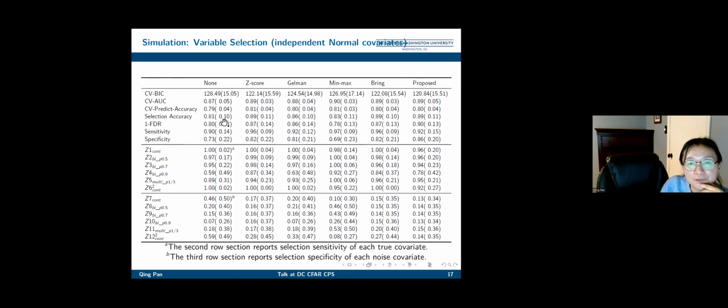And in terms of variable selection, if you don't do any standardization, the continuous covariate gets favored. As I explained, there's a beta minimum threshold, and it's lower for continuous covariates.